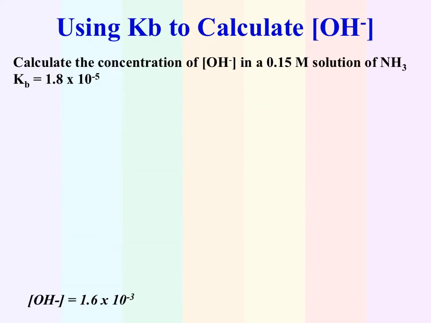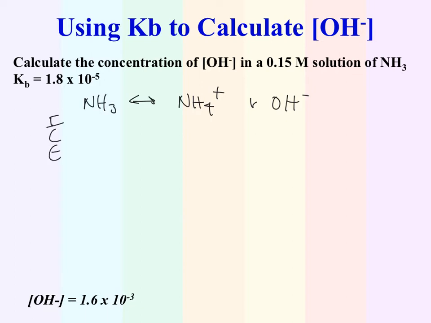They've asked us here to calculate the concentration of hydroxide in a 0.15 molar solution of ammonia. We know that ammonia is a weak base, so we know that in solution we're going to be producing the following. We're going to set up that ICE table just like we normally would.